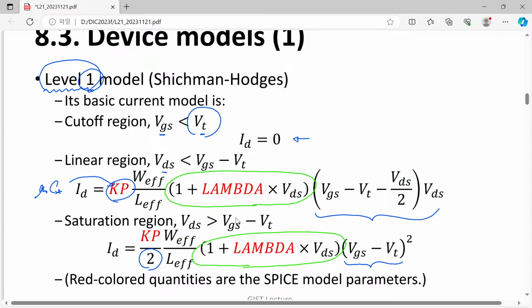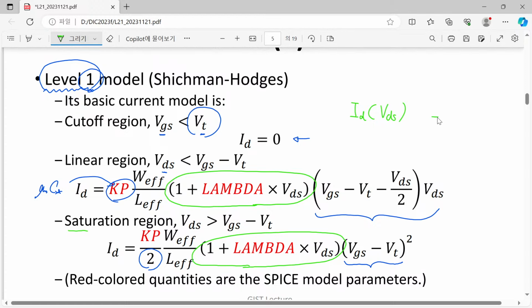In this case, the saturation current usually does not depend on VDS. If we take the partial derivative of our saturation current with respect to VDS, then in our previous model it is 0.